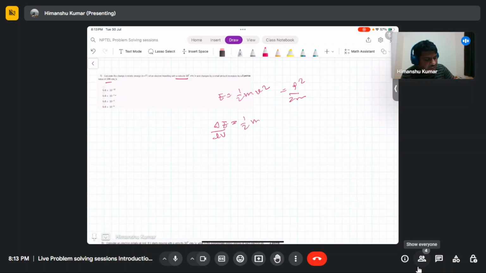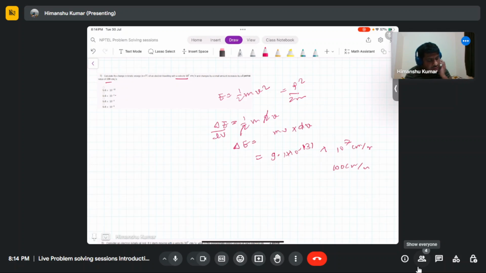Half m, if you take the derivative, the v squared becomes 2v, so the 2 cancels, and delta E becomes m v times delta v. The mass is 9.1 times 10 to the power minus 31 kg, the velocity is 10 to the power 7 centimeters per second, and delta v is 100 centimeters per second.